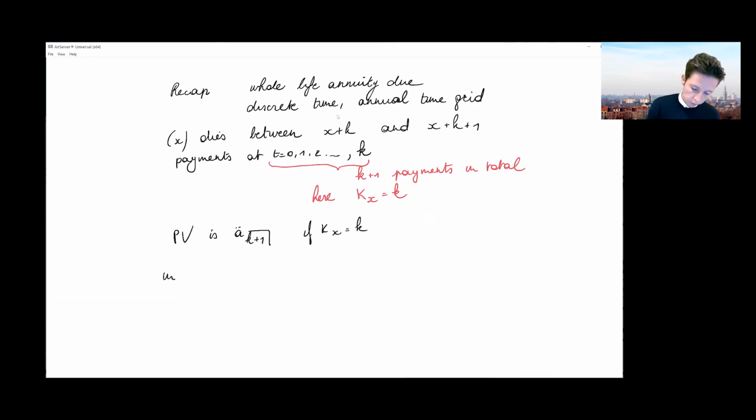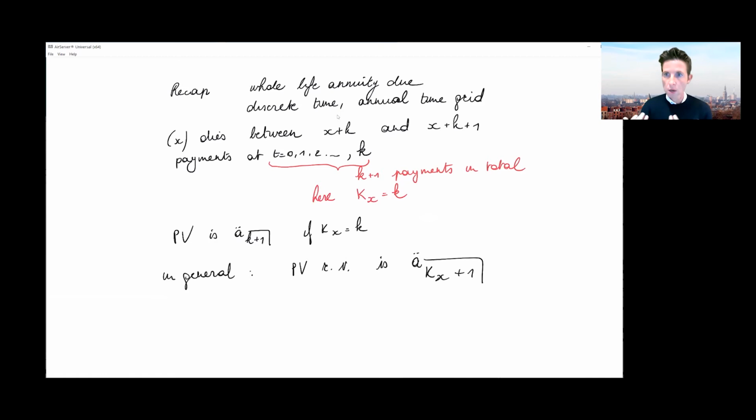So in general, for this particular product, I could say that the present value random variable is a double dot Kx plus 1, right? So I'm going to rely on what I know for annuity certains, but what is different here is that the number of payments is stochastic, and I can refer to this number of payments with Kx plus 1.